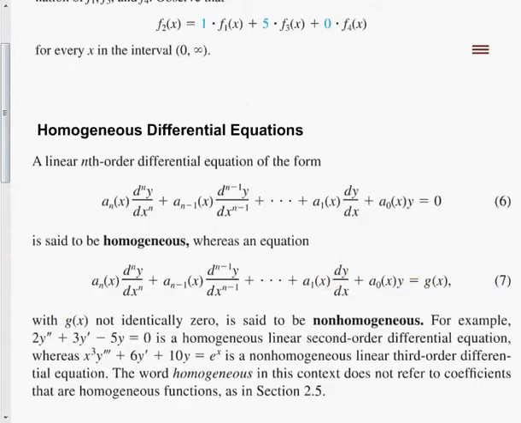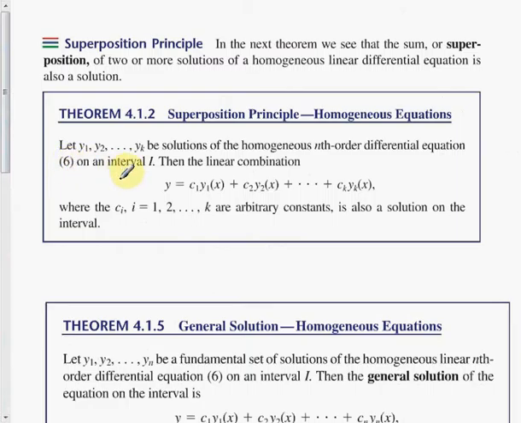Let's see. So here, theorem 4.1.2 says that let y sub 1 to y sub k be solutions of the homogeneous nth order differential equation. Basically, what they're saying is that the solutions you found when you solve equation number 6 are going to be linearly independent. Those functions will form what's called the fundamental set.